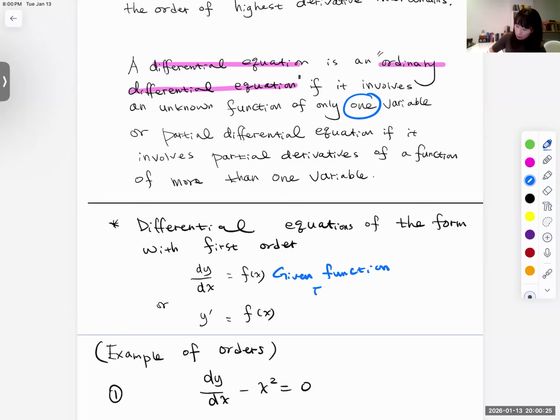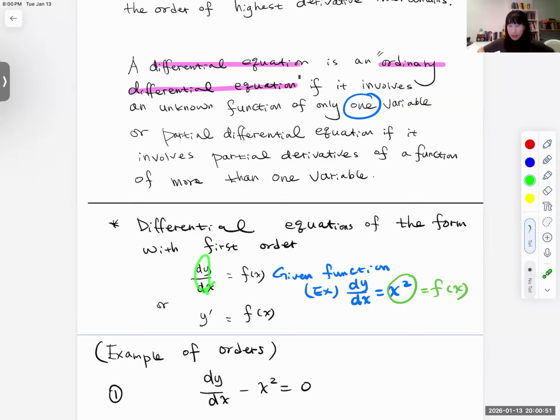For example, it looks like this. If we have dy over dx equal to x squared, then in that case f of x is x squared. Make sense? This is f of x. And also we can rewrite dy over dx as y prime, right? So y prime of x, basically. We want the derivative of y with respect to x.